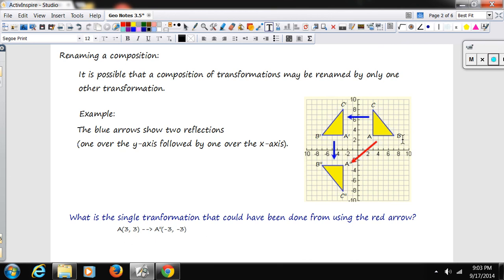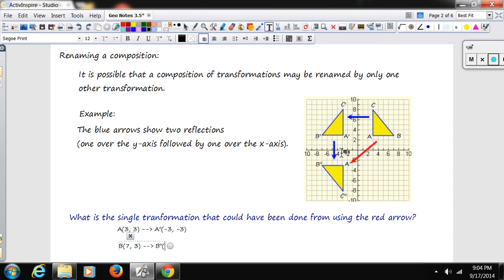Would that work for B? B, okay, let's write it down as we look at it. B is the point (7, 3). Lower 7 and up 3. And B double prime, if our rule is correct, will be (-7, -3).